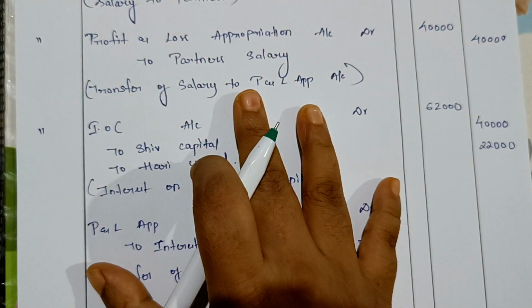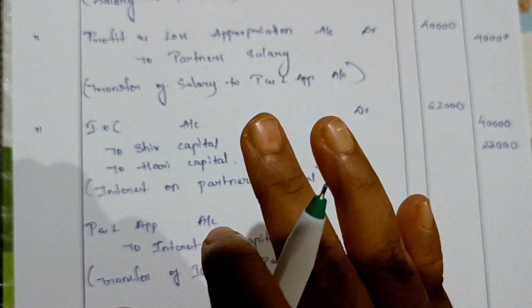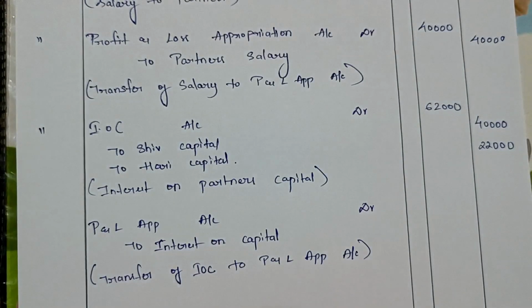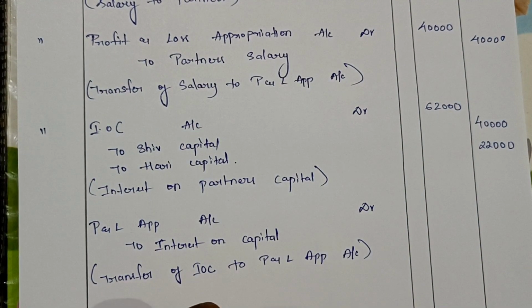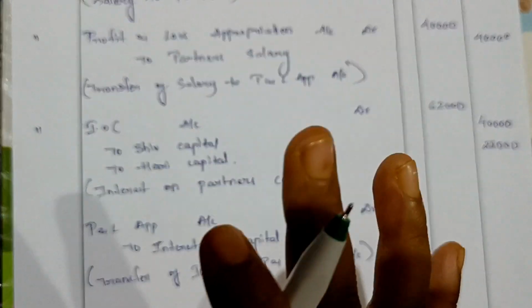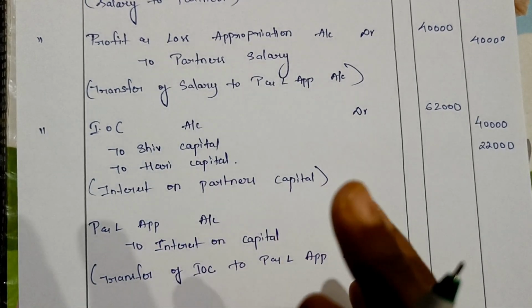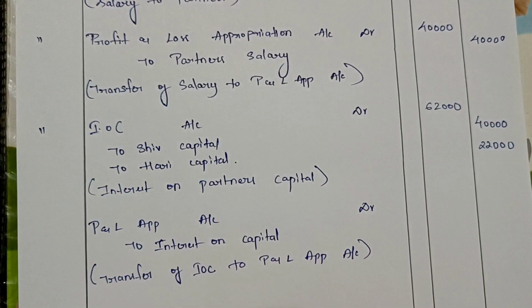Here the drawing date is not given, so we will assume it will be for 6 months. Interest on capital is something which is added to their capital, and interest on drawings is something which we are going to deduct from the capital.